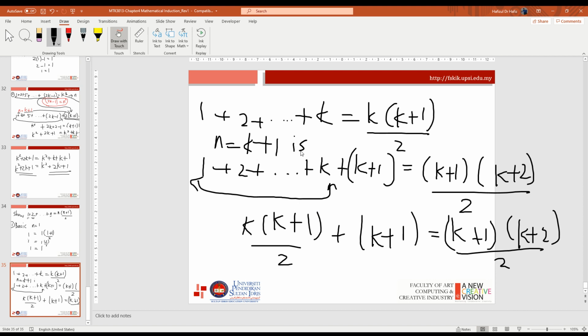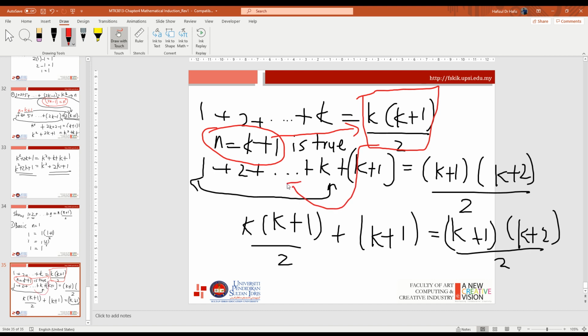It is true. Jadi kita nak replace yang ni kat sini lah. Okay. Boleh eh?